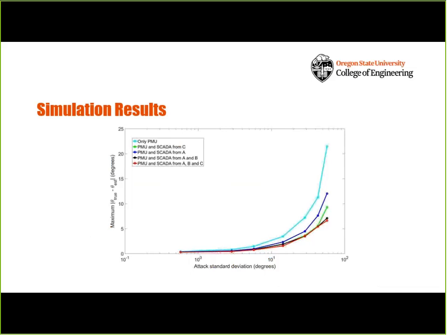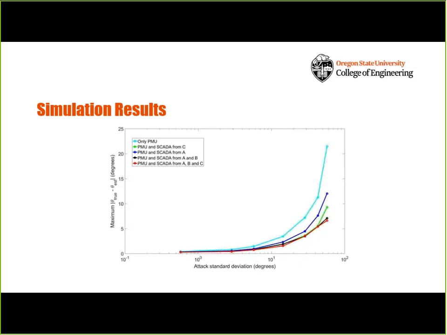This figure shows the simulation results we conducted in MATLAB to recover corrupted PMU vectors using the proposed nonlinear projection method. The x-axis here denotes the attack standard deviation given in degrees, and the y-axis shows the maximum absolute angle error in the estimated PMU vector.